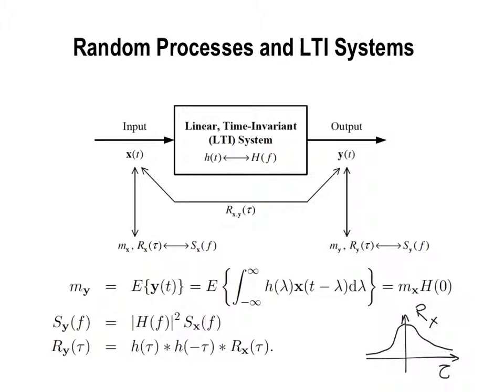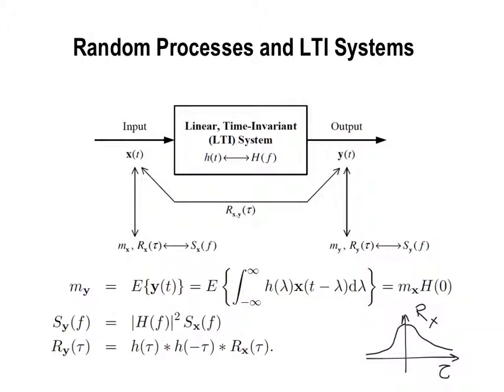So it tells me that as I go further, as I sample the random process at a particular time t, every sample of the random process is a random variable, right? As I sample at a particular time t, and then sample at a shifted time t plus tau, I get what? I get a smaller value as compared to sampling close to the original sampling point, right? So the highest value is going to be when I take the sample at time t and then again at time t.